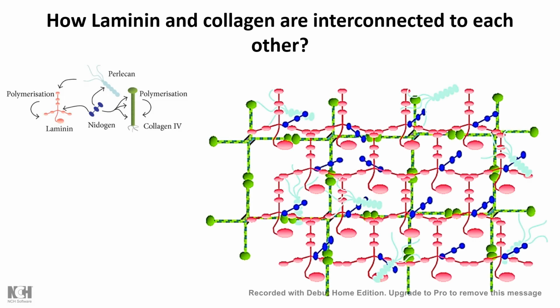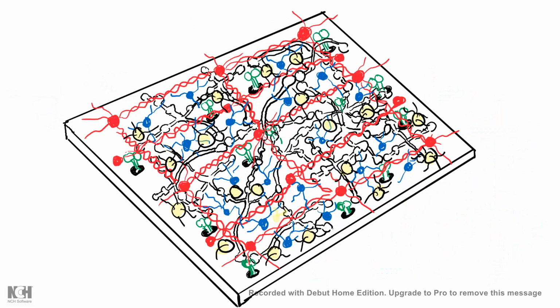So perlecan and nidogen connect collagen IV to laminin. And remember, in laminin, we have several nidogen and perlecan interaction domains. And also in case of collagen, there are several domains which interact with these connective molecules. So all these interactions make the extracellular matrix an extremely complicated structure.